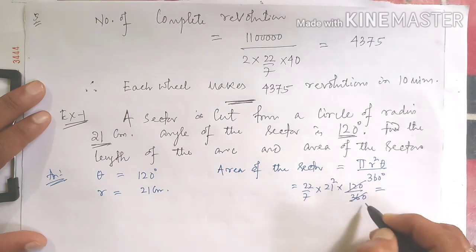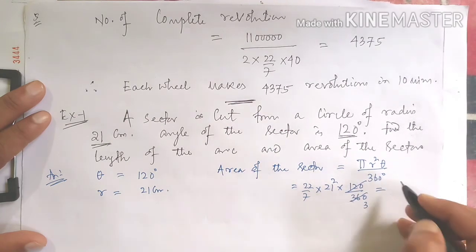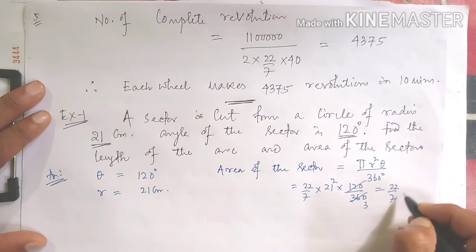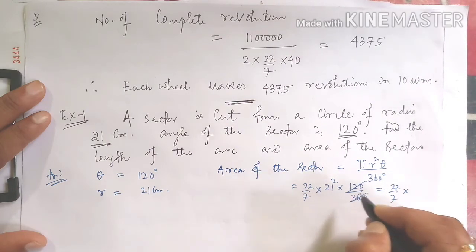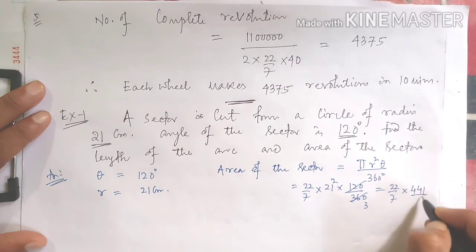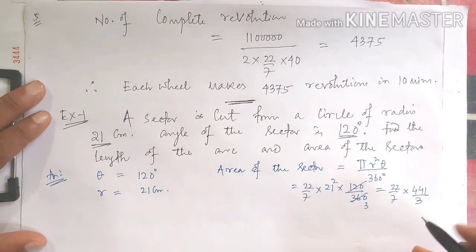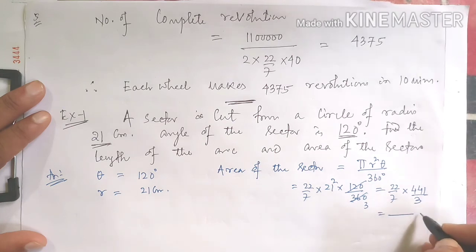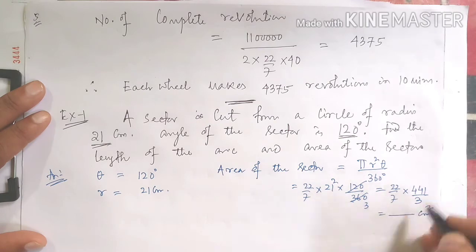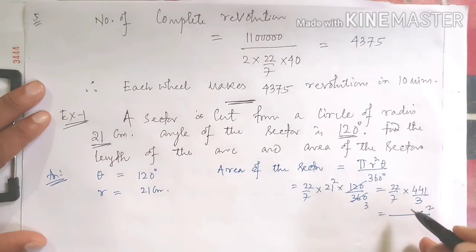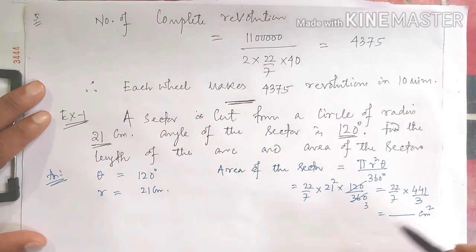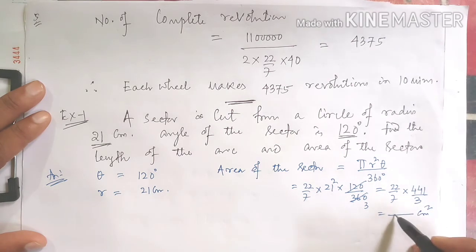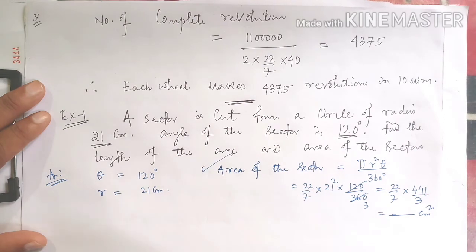Here we can cancel 3, and it is 22 by 7 into 441 by 3. When you multiply and solve, you will get some decimal expansions. I am giving you a task: solve this up to two decimal digits, then convert to the nearest square centimeter. You will get the area of the sector.